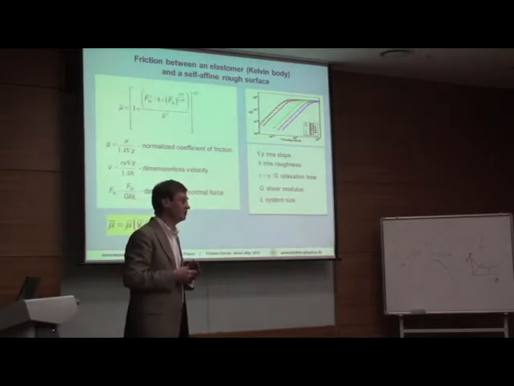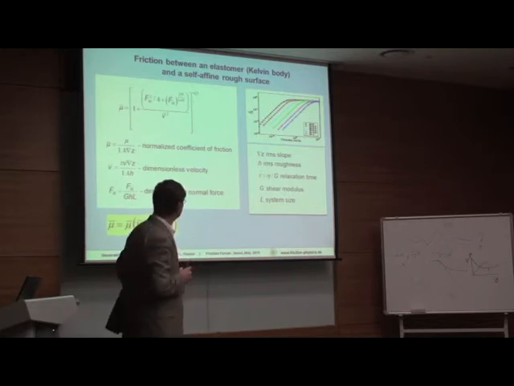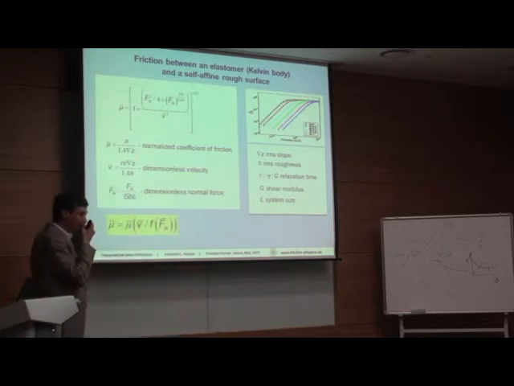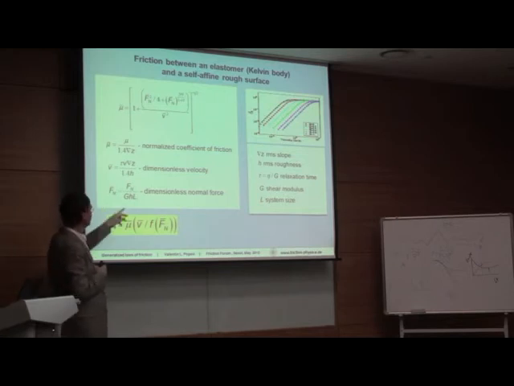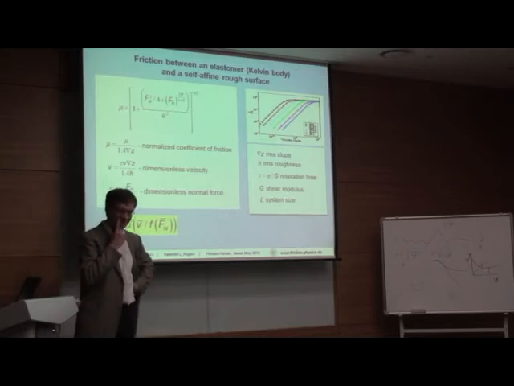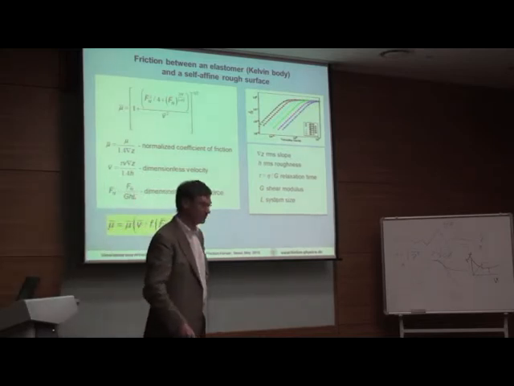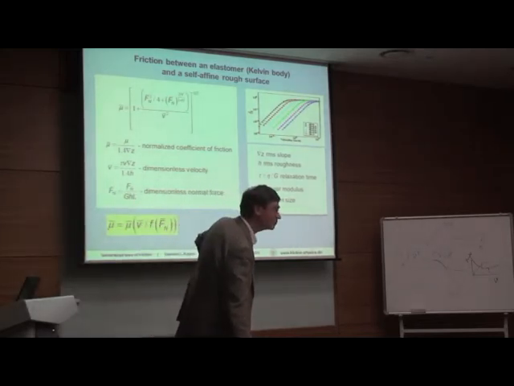From the physics point of view, you have the normal force expressed as a dimensionless normal force, a real normal force divided by the shear modulus. Why is it the shear modulus? Can you tell a little bit more? Why not a normal modulus, if I have a normal load?